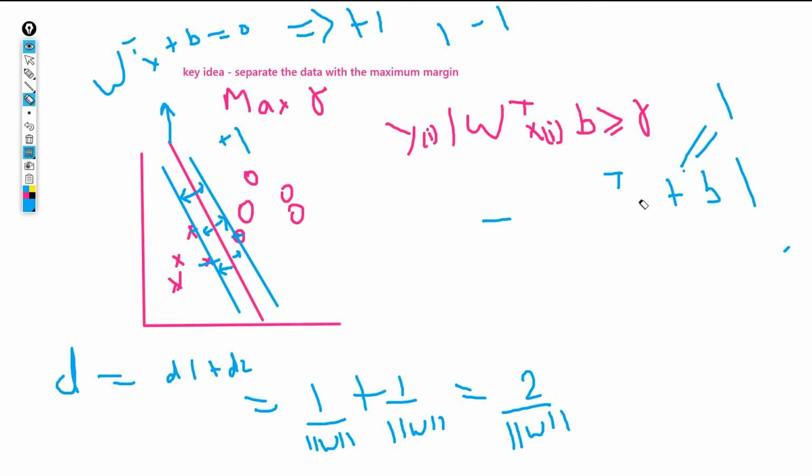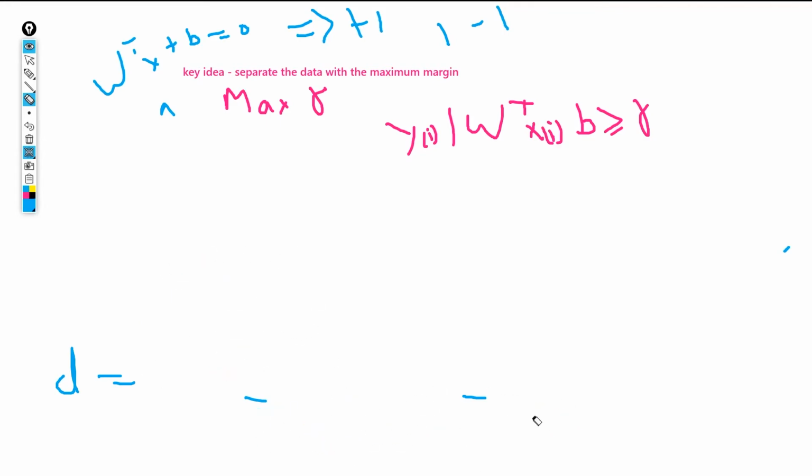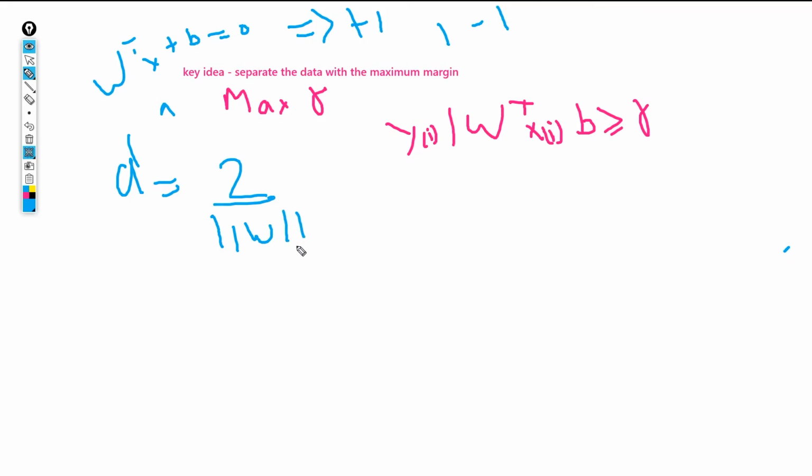This is the output that we have to maximize. So the distance that we have to maximize is 2 divided by the norm of w. There are two ways to do this.